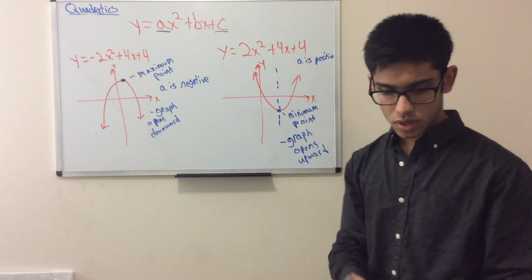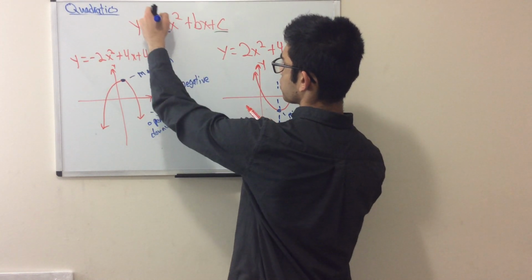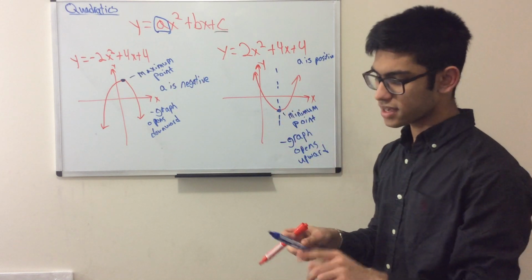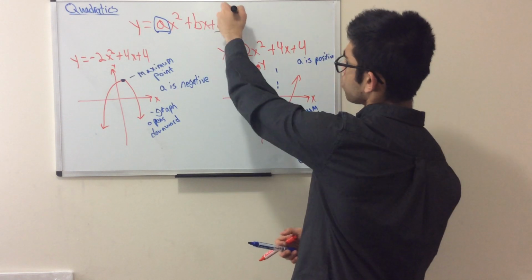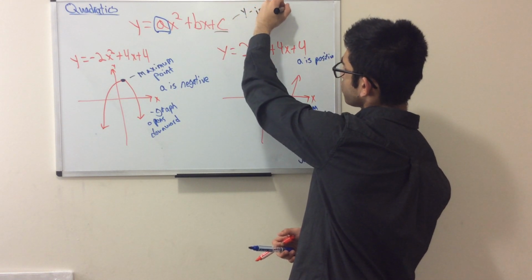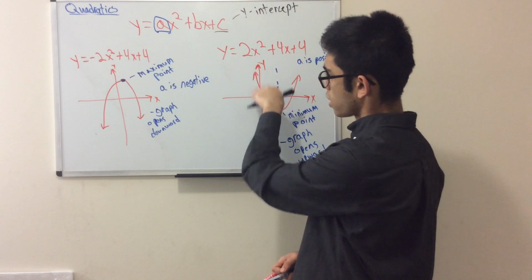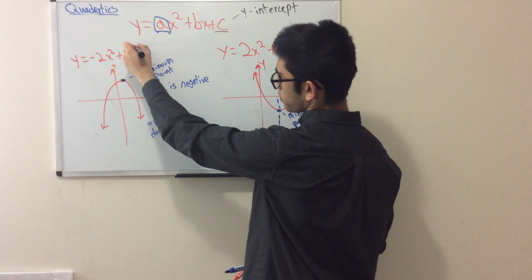Now you might ask, what does the C represent, right? We did the A, in the blue, we have the A. Talk about what the A value is. The C is actually something you should remember from linear relations. It's called the y-intercept. Whatever the y-intercept is, it's wherever it touches the y-axis. So in this case, what's my C value? It's 4, right?